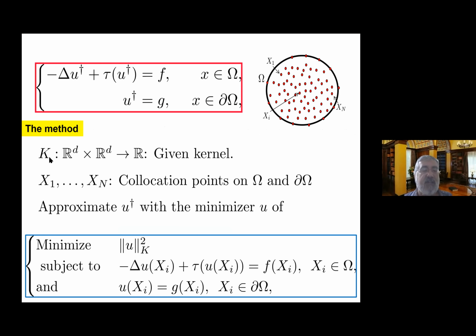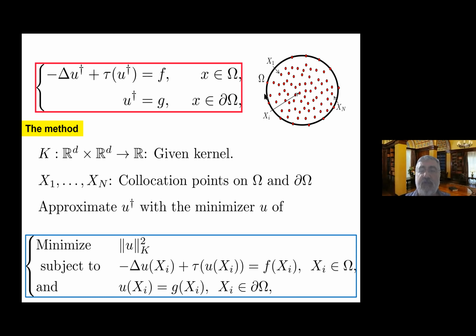Then, given a kernel K, the proposed approach is to approximate the solution of the PDE with a function U minimizing the following nonlinear optimal recovery problem, in which the objective is the RKHS norm of the function U defined by the kernel K, and the constraints are requiring U to satisfy the PDE at a finite number of collocation points.